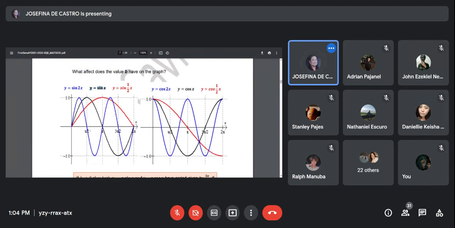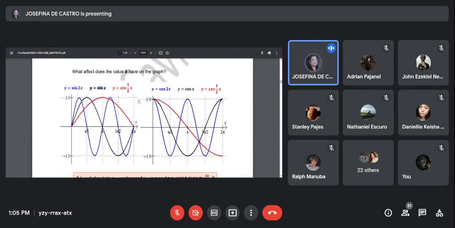Okay. Go. Ano ngayon ang ibig sabihin ng B sa equation o what happened to the graph if you have a value ng B?